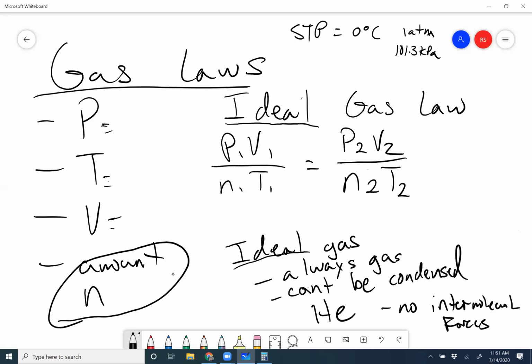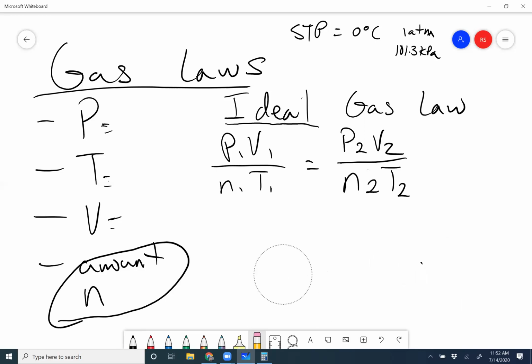But if we compare that to water vapor, it will switch to water liquid at certain temperatures. It can be condensed. And so it can't exist at all gas conditions like helium can. However, because of the work of Avogadro and other scientists, if hypothetically water could behave like an ideal gas, its properties would be exactly the same as an ideal gas.